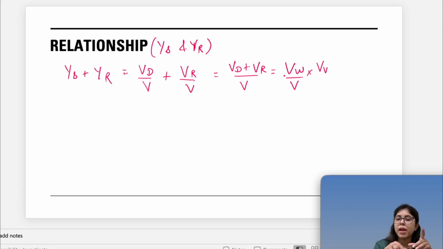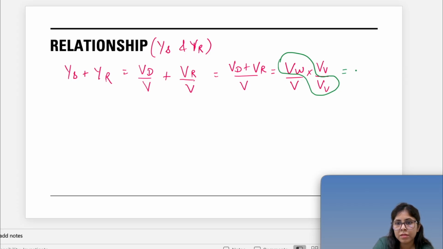Now let's multiply it with volume of void in the numerator and denominator. Now if I take volume of water to volume of void, what does it become?